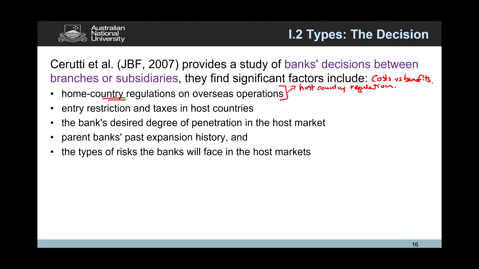And then we are going to talk about whether there are entry restrictions as well as taxes that Jim talked about in host countries. But I'm also going to talk about something else in the point below.